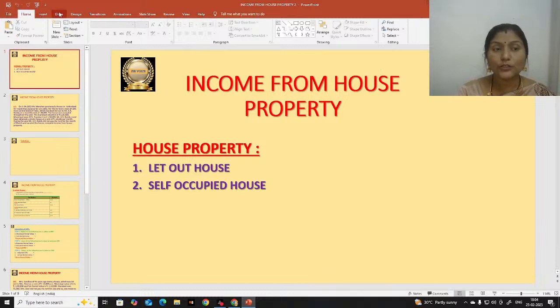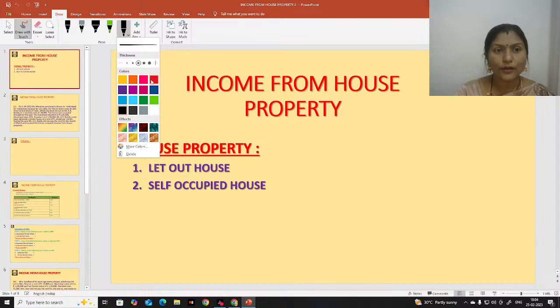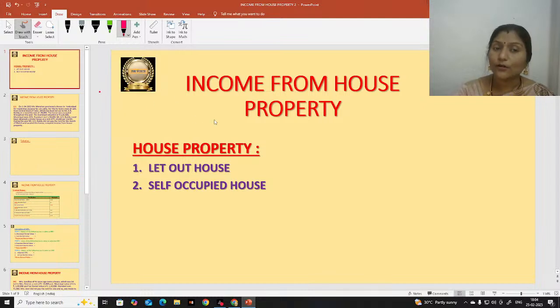As shown here on the screen, there are 2 houses for the assessee, and we are going to learn the rules regarding let out house as well as self-occupied house.